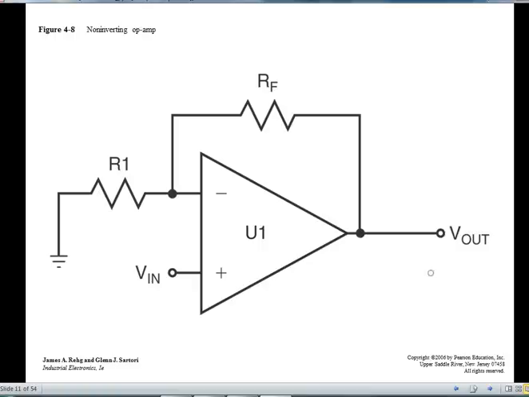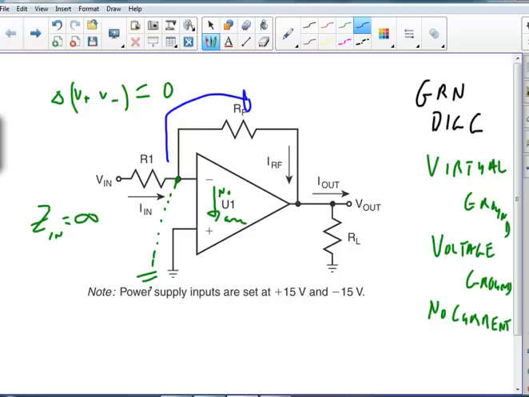Want me to wave my hands more? Now, this is an inverting operational amplifier. If we go back to this one, my input comes in, and my output goes out and inverts.